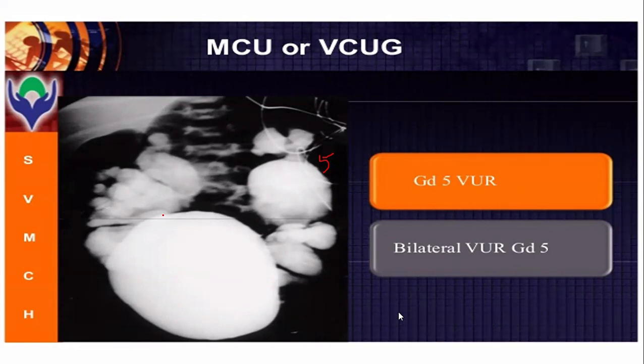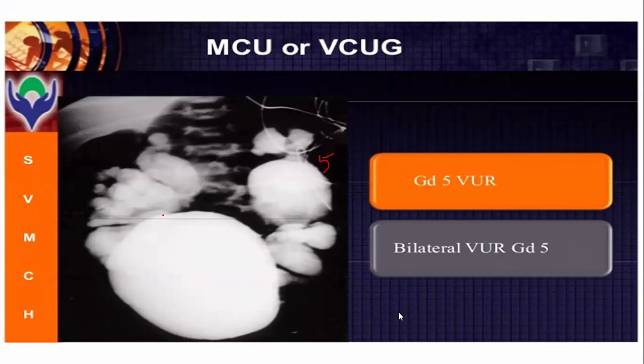As I told you kanina. So it should be long and oblique. And if it is long and oblique, it is presumed that the physiologic valve mechanism of the distal ureter is functioning.